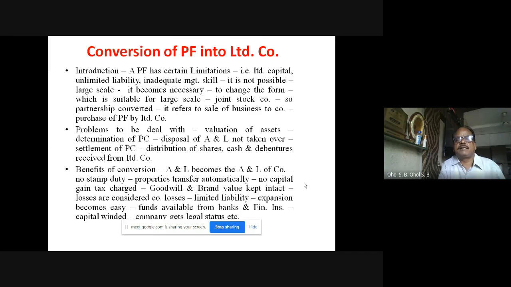So what are the activities to be done with the conversion? The problems to deal with are, first, valuation of assets.